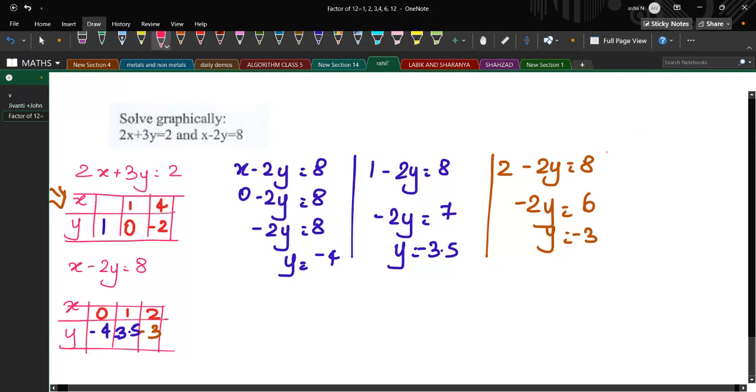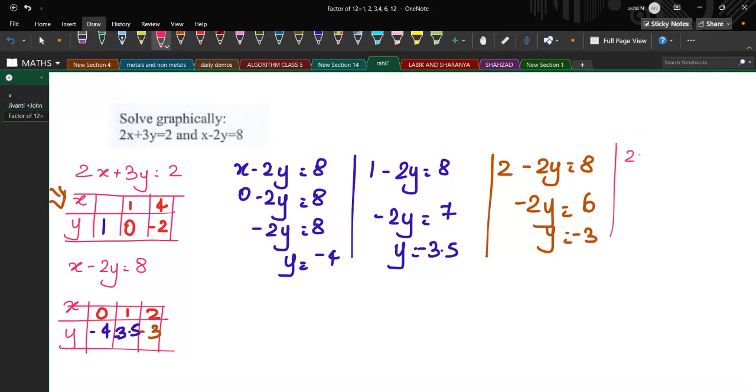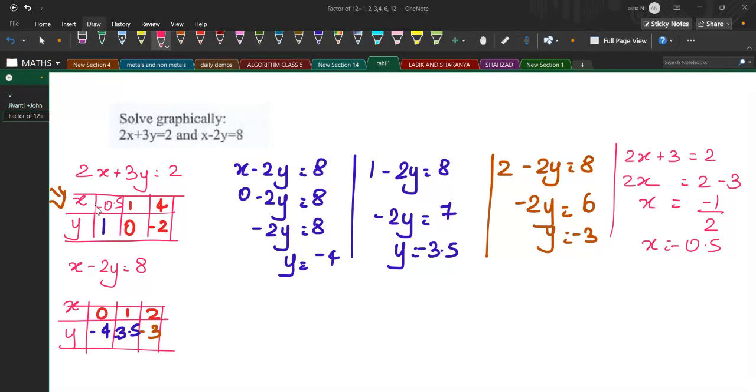That will also work. 2x plus 3 ones are 3, which is equal to 2. So 2x is equal to 2 minus 3. So x is equal to minus 1 upon 2. Minus 1 upon 2 is also simple, minus 0.5. 0.5 we can put. Yes, now it is correct. So suppose we are stuck like this, we can use this method.